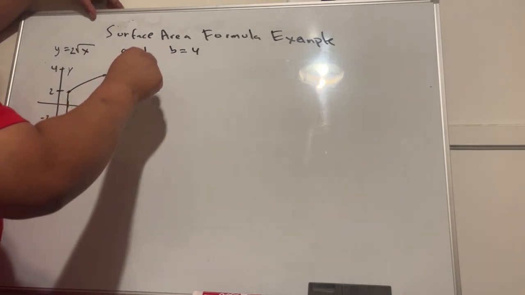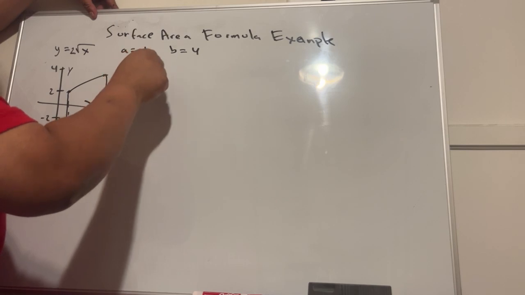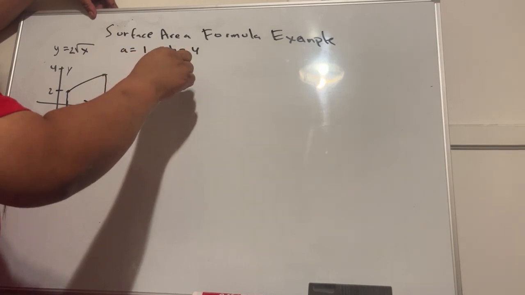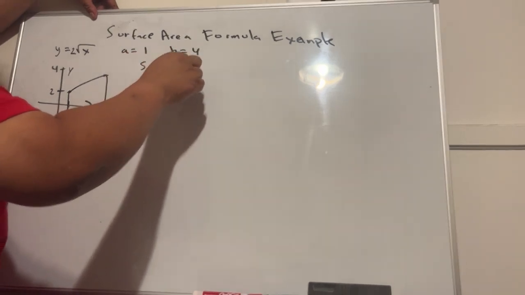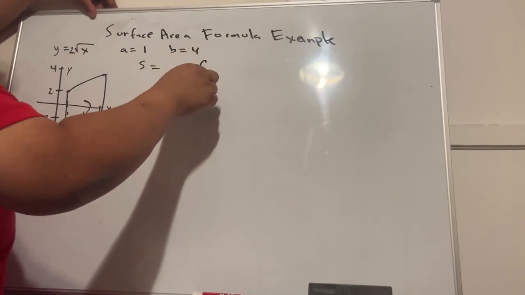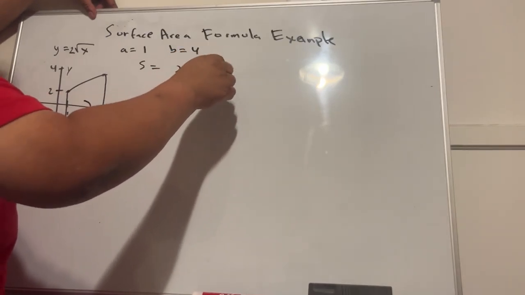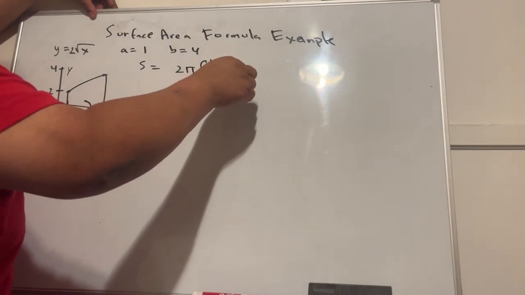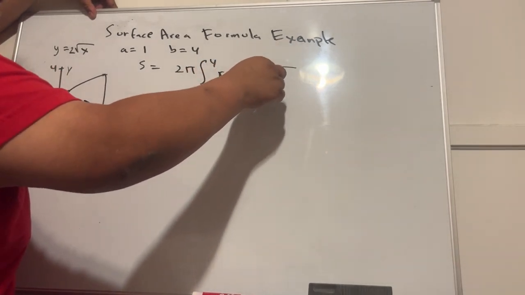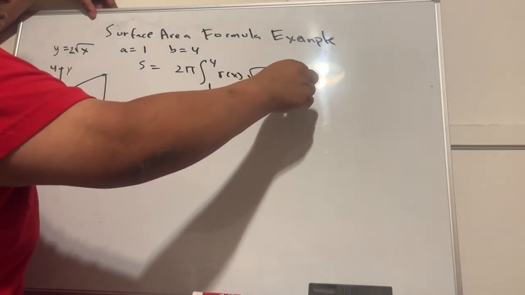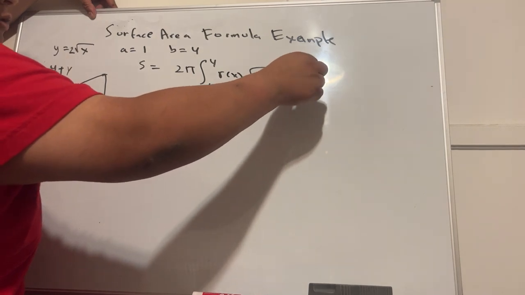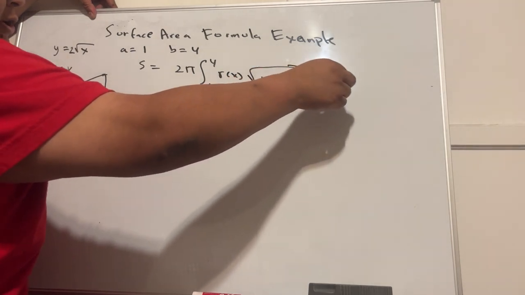So the formula for the surface area says that surface area is equal to 2 pi, going from 1 to 4, of R(x) times the square root of 1 plus f prime of x squared dx.